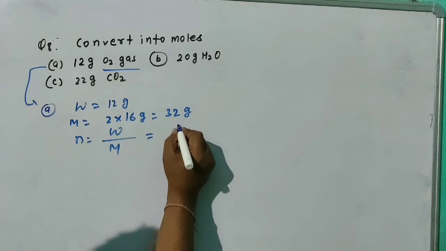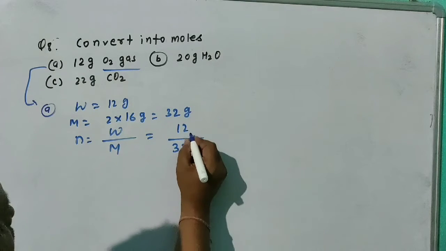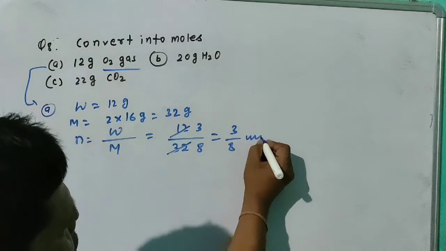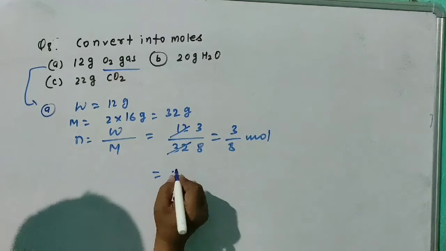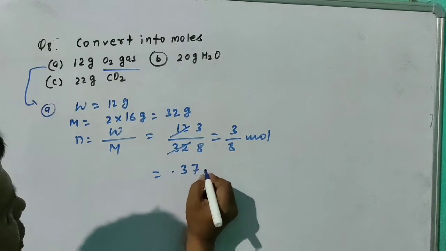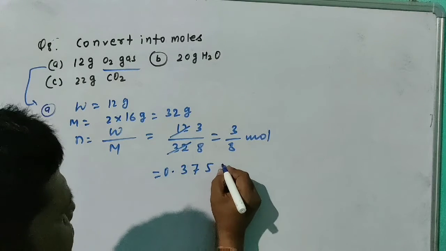Given mass is 12 gram upon molecular mass is 32. That is 12 upon 32, which is 3 upon 8 mole. You can calculate here, 3 upon 8 is 0.375 mole.